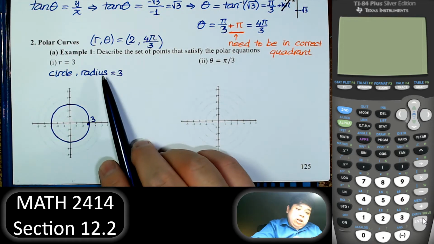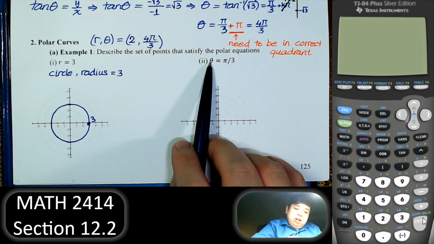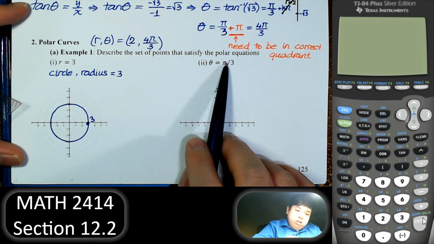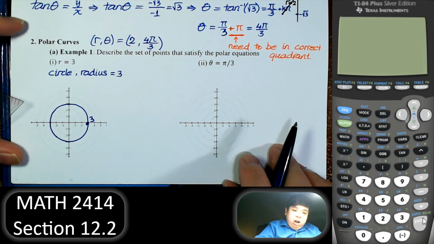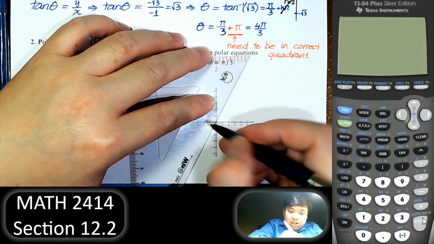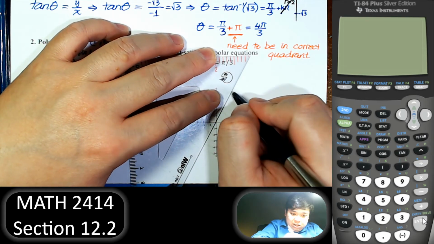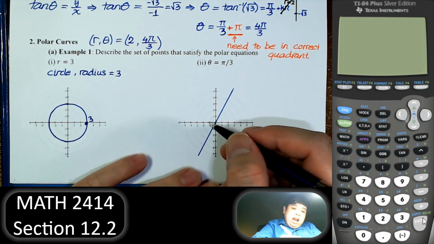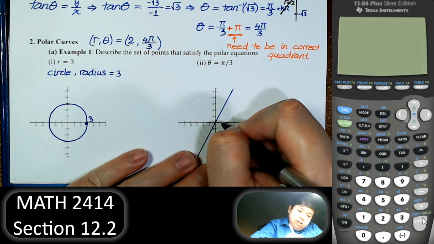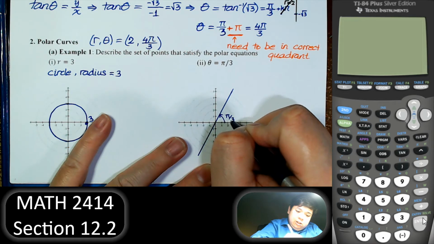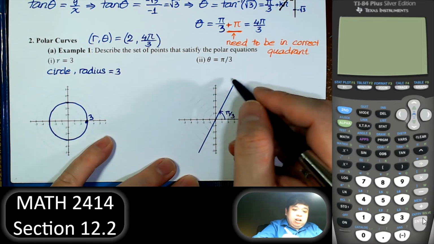Next, what is the curve or the set of points described by theta equal to pi over 3? Pi over 3 is 60 degrees. So everything on this line.